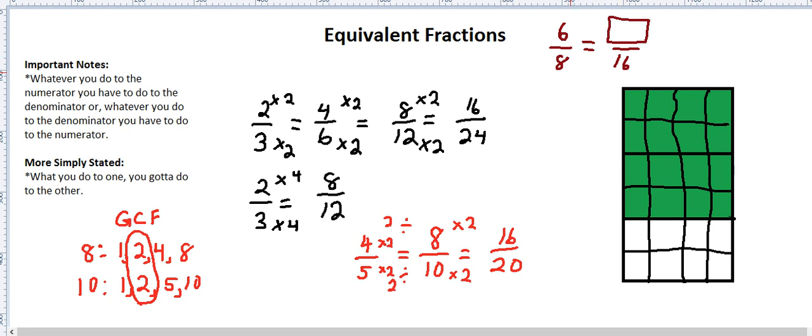I believe I'd multiply that by 2. 8 times 2 equals 16. Yep, that's right. And then I'd say, since I did it to one, I gotta do it to the other. So then I'd multiply the 6 times 2. 6 times 2 would equal 12. So 6/8 equals 12/16. And that is an overview of equivalent fractions.